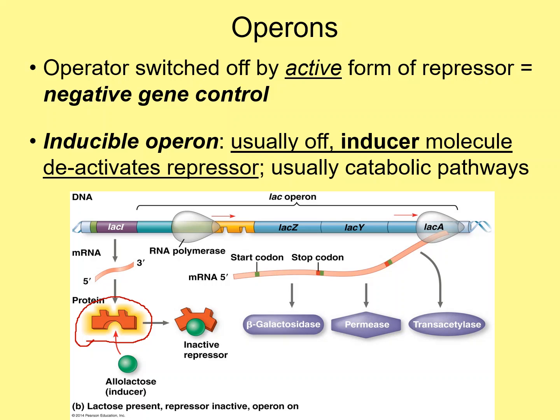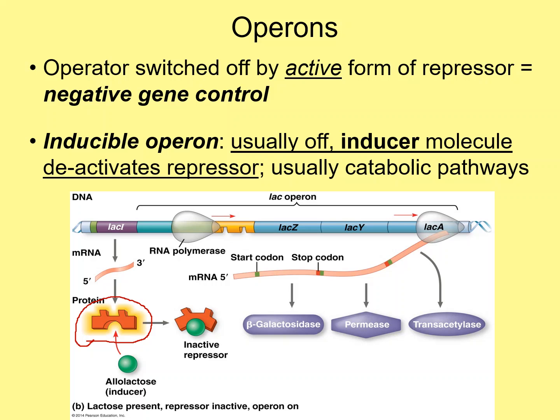Remember, I said we were working with allosterically regulated proteins here. So, right, as we can see on the repressor molecule, we have an allosteric site for the inducer, and when the inducer binds to the repressor molecule, it essentially converts it to its inactive form, essentially turns the enzyme off, very much like a non-competitive inhibition kind of situation.